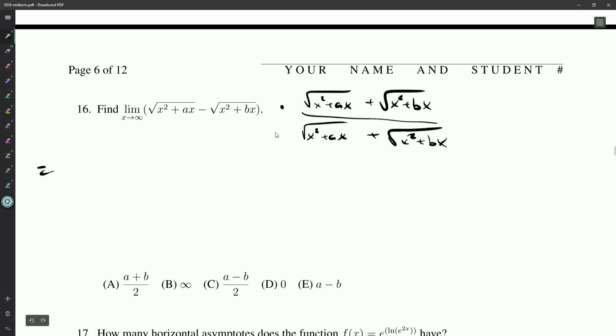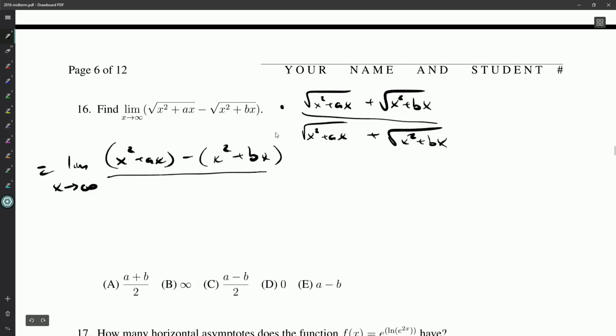But then, when we multiply this through on top, and if you want to, FOIL it all out, but hopefully you remember difference of squares from high school. You'll get x squared plus ax minus x squared plus bx. And this will all be over on the bottom there, root x squared plus ax plus root x squared plus bx.